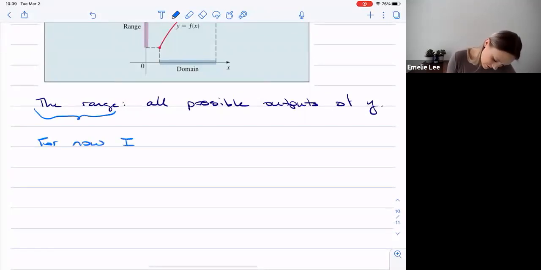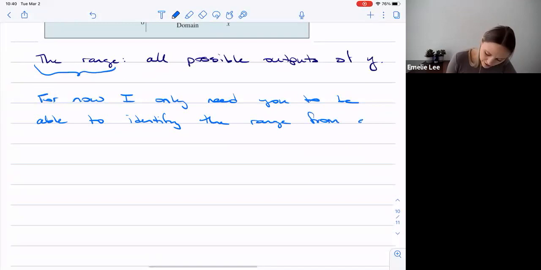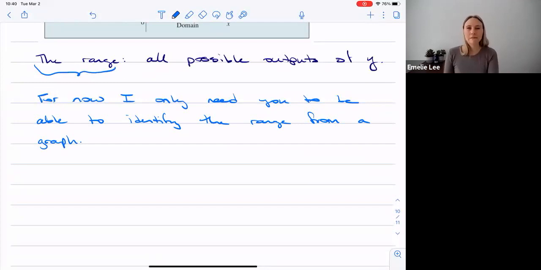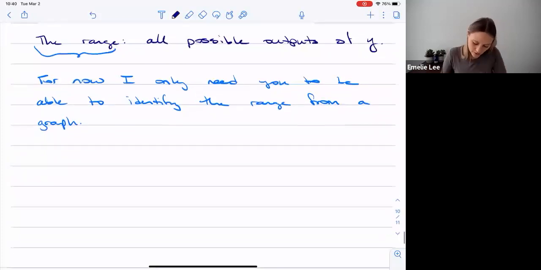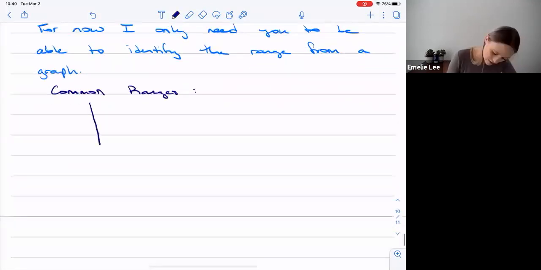For now, I only need you to be able to identify the range from the graph.